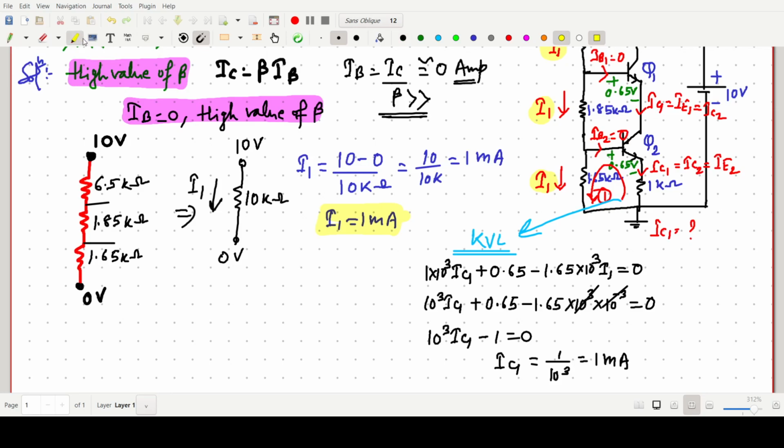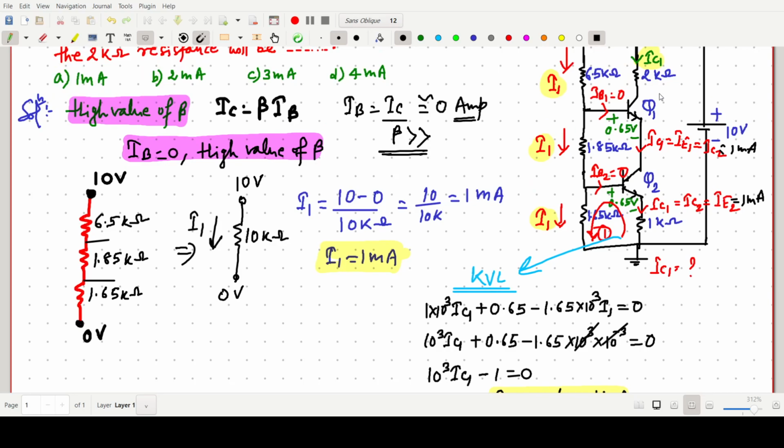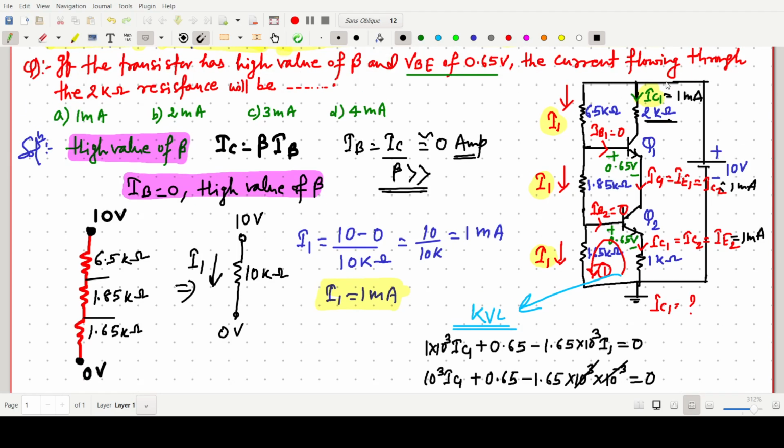So we can easily say the current will be 1 milliampere. So this IC1 is nothing but simply 1 milliampere. This one is also 1 milliampere, because base current is 0, so the current flowing through this 2 kilo ohm resistance will be 1 milliampere.